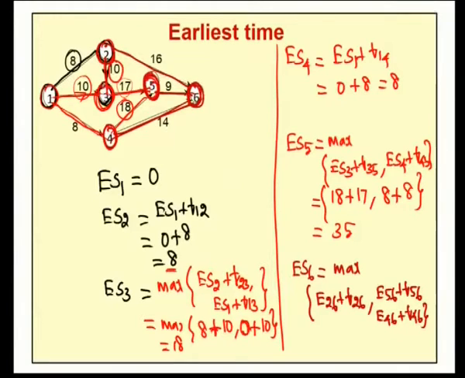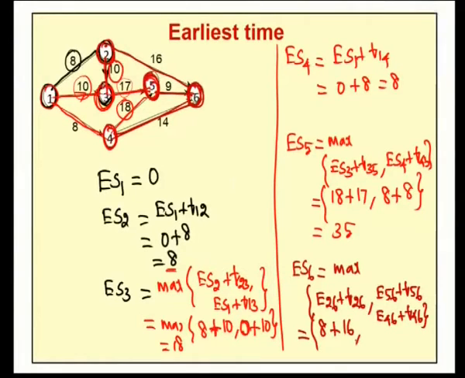So, for the node 6, there are three incoming activities: one from node 2 to 6, another from node 5 to 6, another from 4 to 6. Therefore, our ES6 is the maximum of these three values. For the activity 2 to 6, our ES2 value is 8, so we take 8 plus T26 as 16.